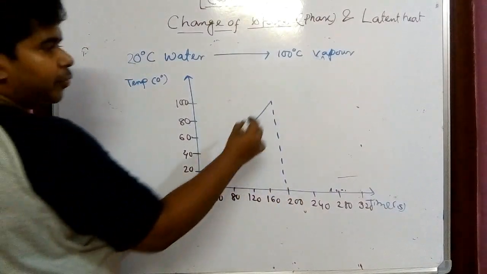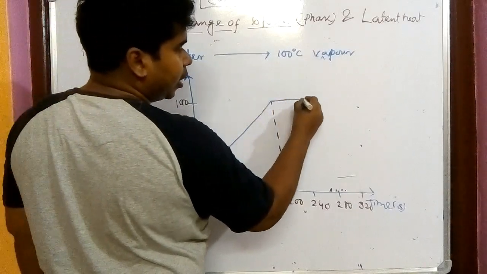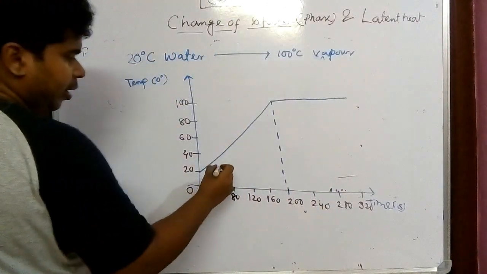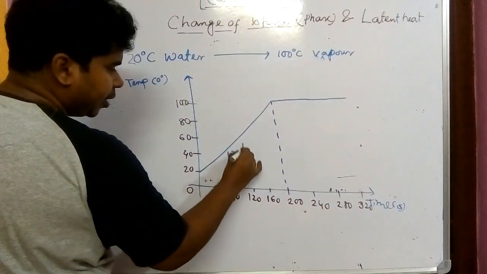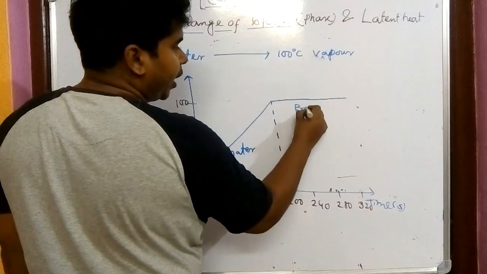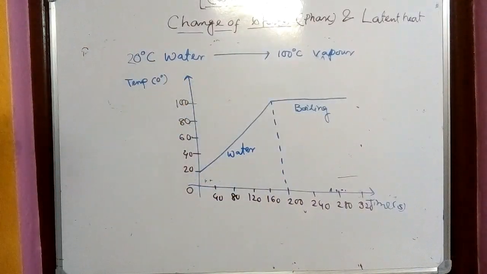Now if you increase the temperature more, the water starts converting into vapor. So in this portion it is water, and in this portion the boiling occurs. Now you might be asking, sir, why is it a straight line?